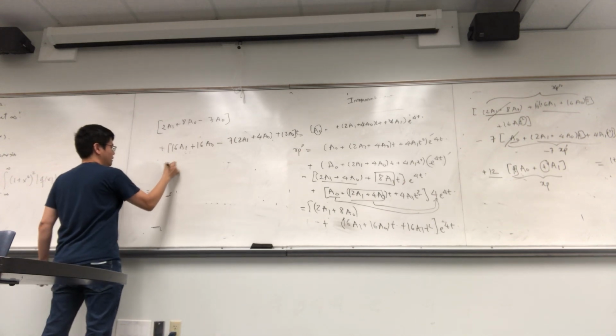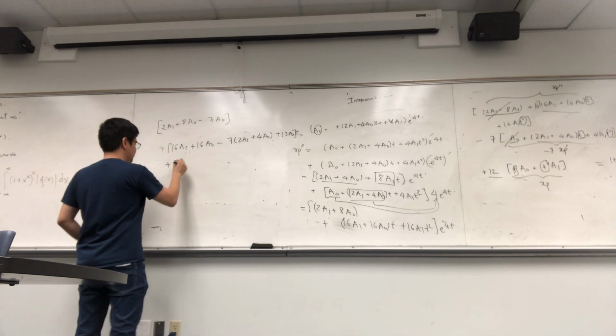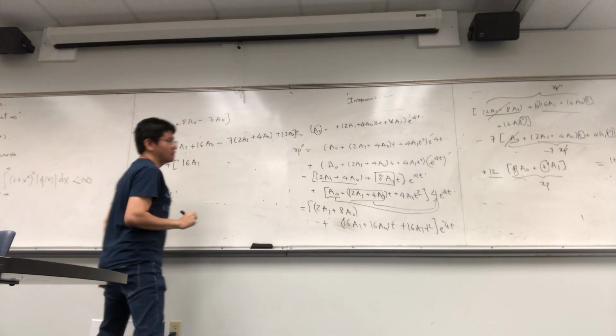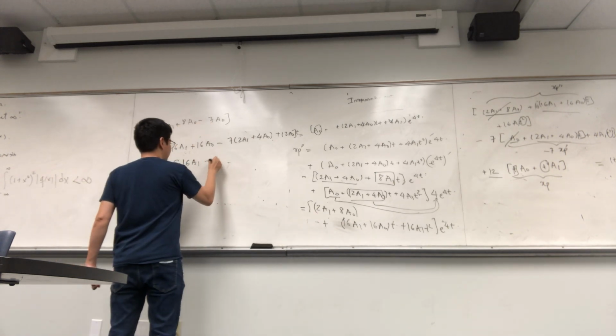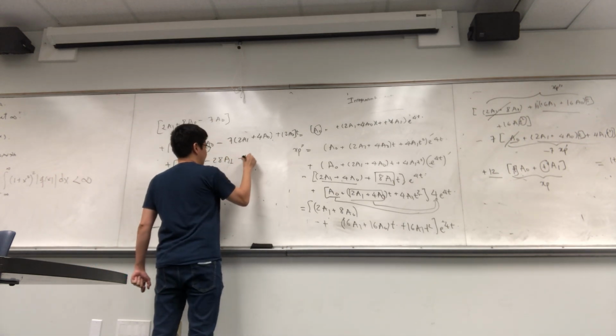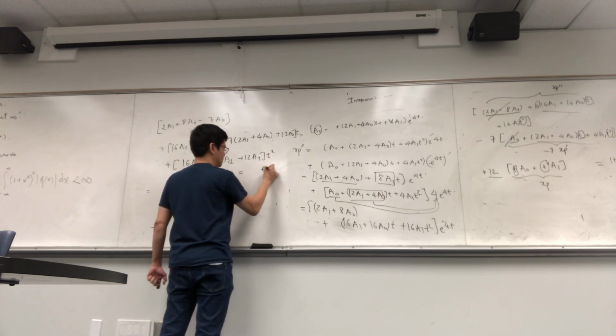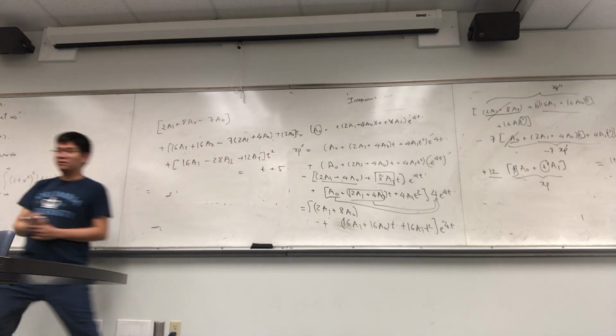So I have plus 16a1 minus 28a1 plus 12a1 t squared is going to be t plus 5. All right?